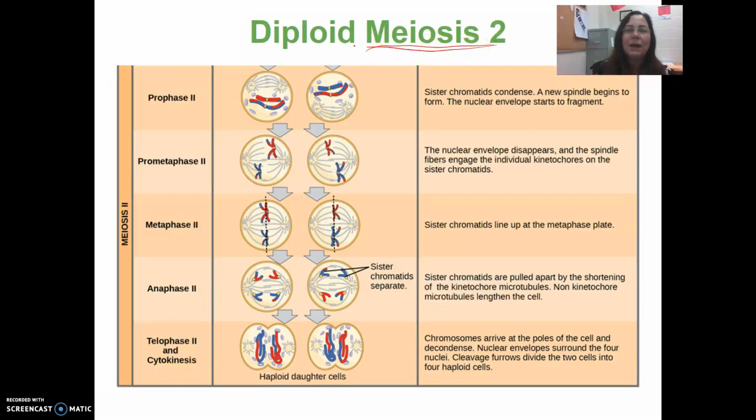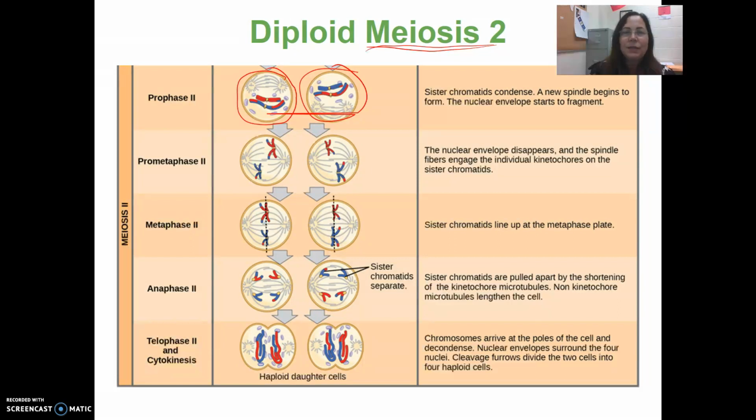So we're going to start out with the two daughter cells that were produced in meiosis one, and each of these daughter cells have now a single set of chromosomes that still contain sister chromatids attached at the centromere. So what's going to occur in the rest of these stages of meiosis two is going to be identical to mitosis.